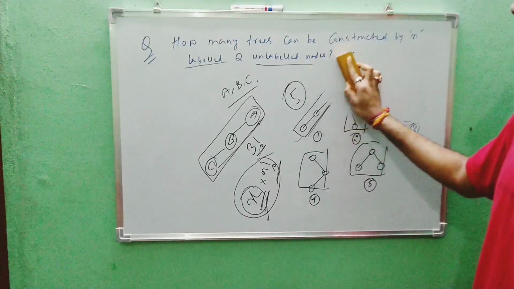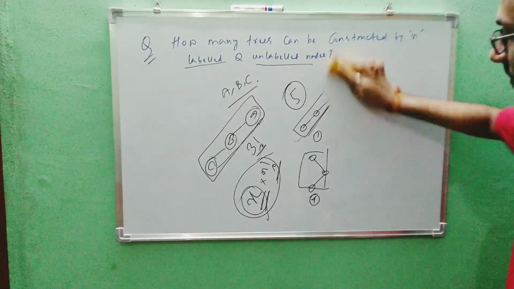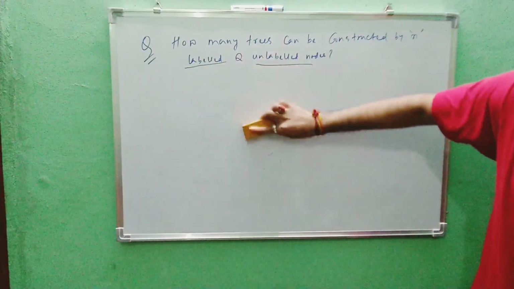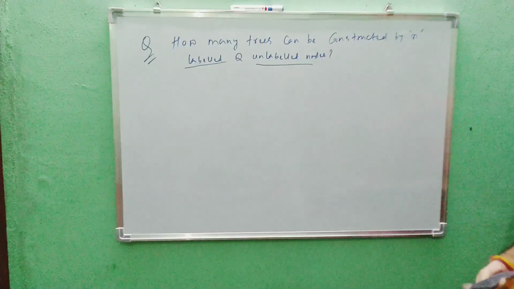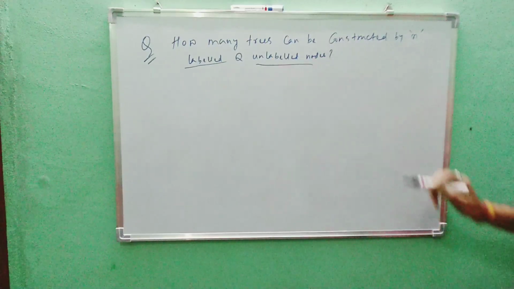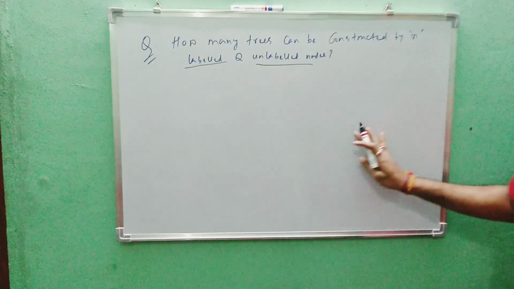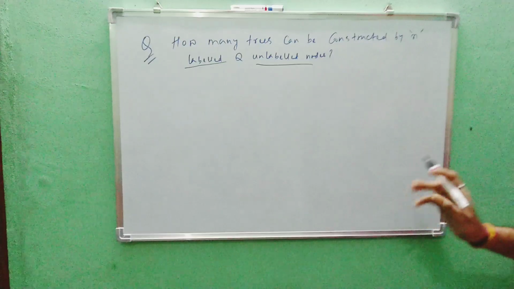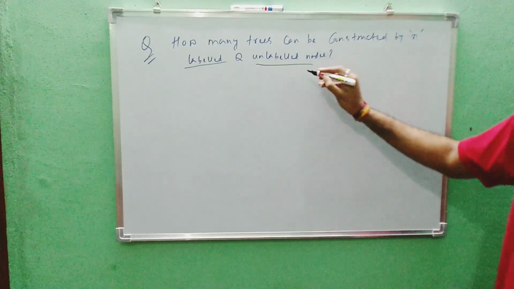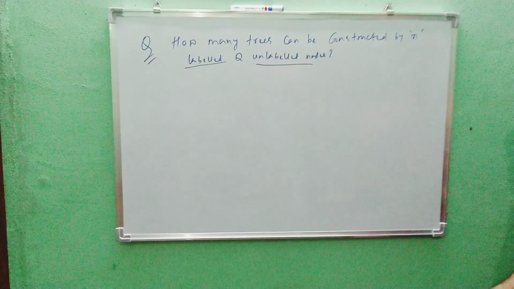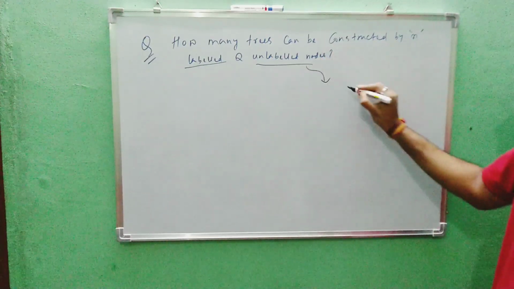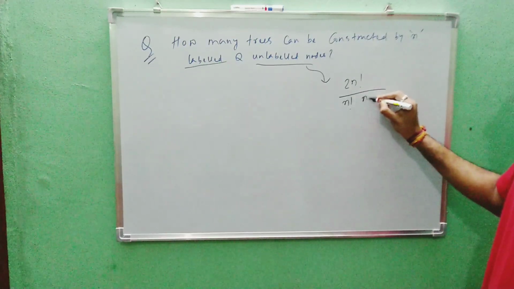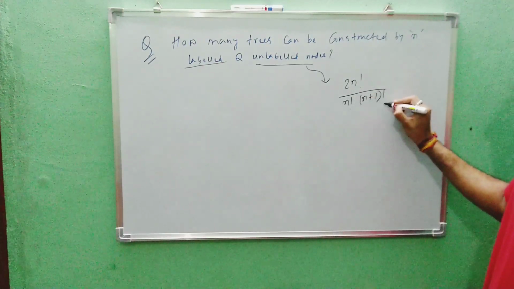Now we will try to derive the thing slowly. Okay, now let me tell you the formula first. In case of unlabeled trees, the formula is actually 2n factorial divided by n factorial into n plus 1 factorial.